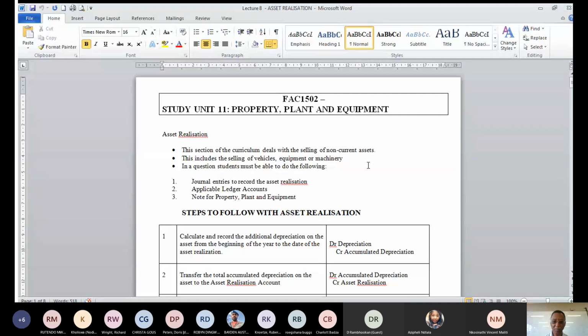From an exam point of view, you must be able to do the journal entries to record the asset realization. They can ask you to do ledger accounts, and you must be able to do the note for property, plant and equipment. I'm going to work through the entire question here today, and show you how to record all of these things.